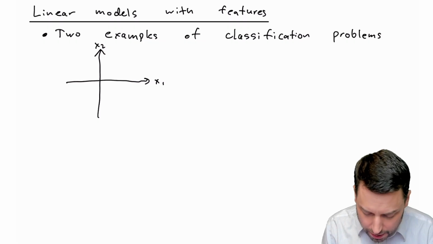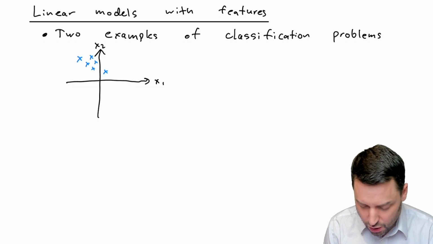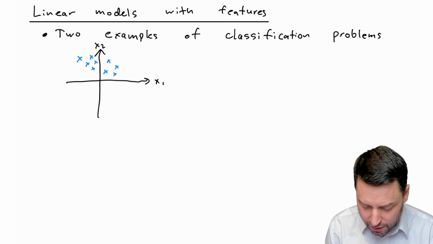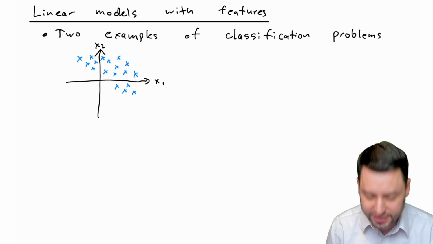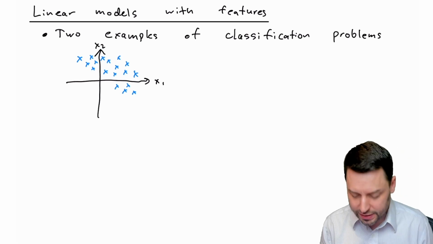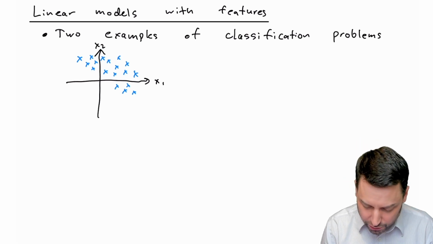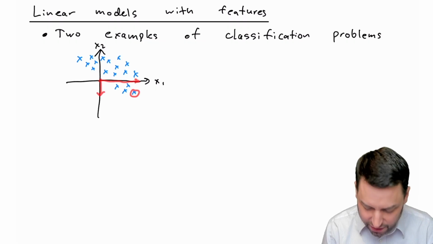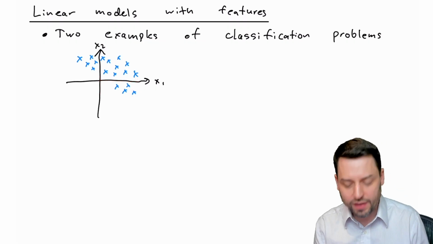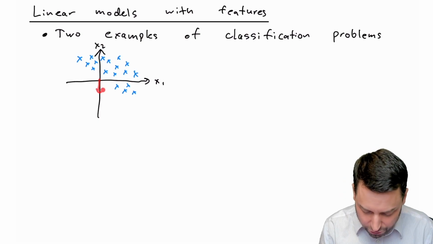And I'm going to draw a bunch of points in this plot, each point corresponding to an individual example in our training set. Or maybe some of these are our training set, some of these are our test sets. So this is a whole bunch of points. Each point, of course, would have this value for the x1 value, and this value for the x2 value.